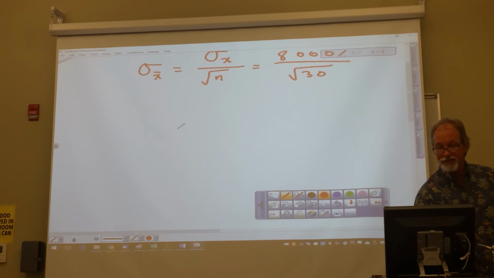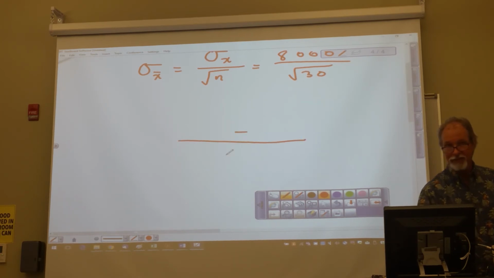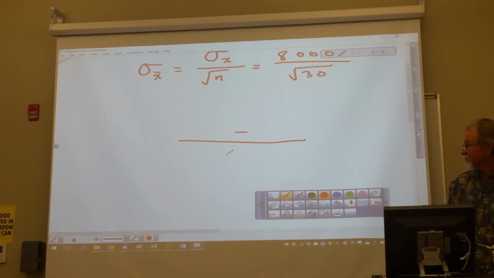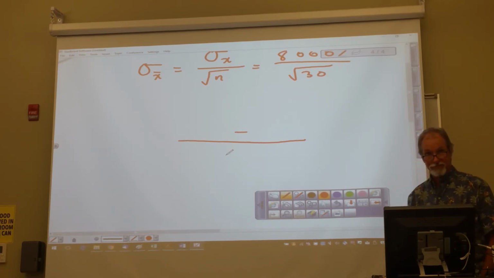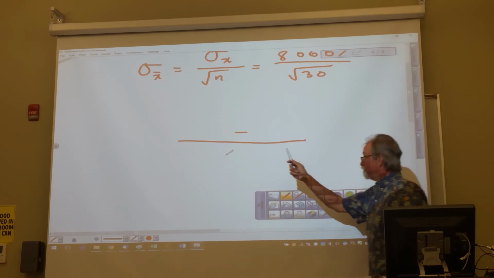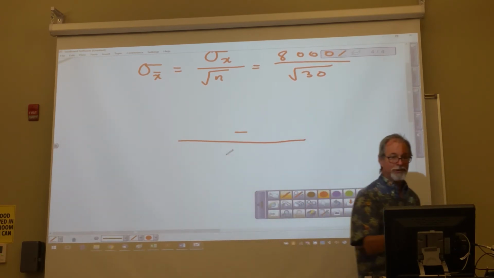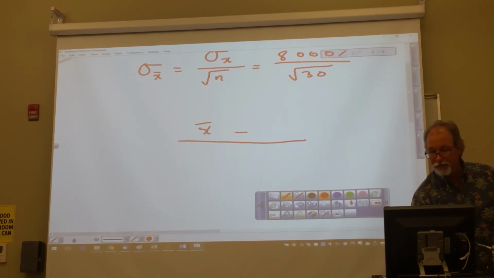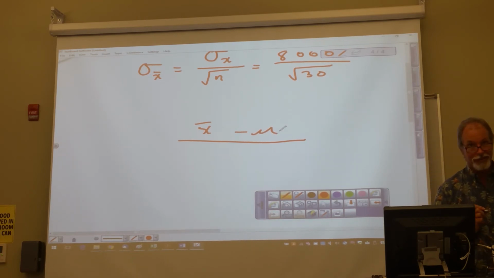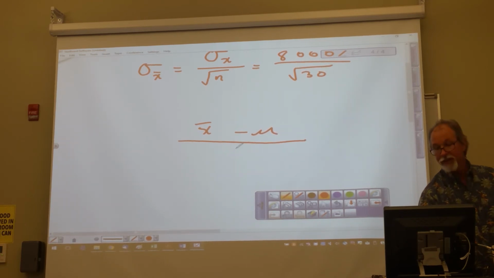Something minus something? The X bar minus the mean of the population, divided by the standard error.